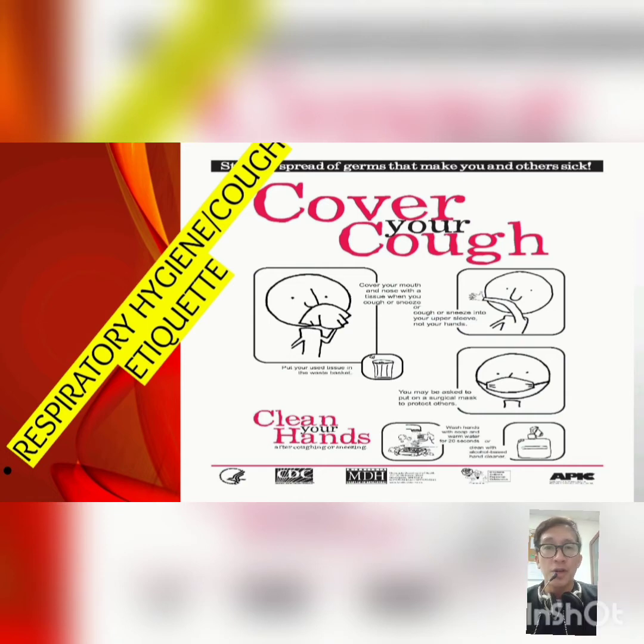The third component of our standard precaution is your respiratory hygiene or cough etiquette. This poster, you can usually see in most of the corridors and waiting areas of the hospital, is a reminder that healthcare workers, visitors, as well as patients should observe respiratory hygiene or cough etiquette.